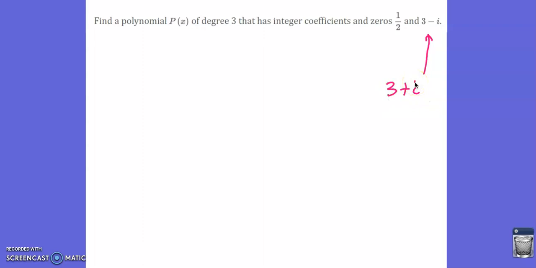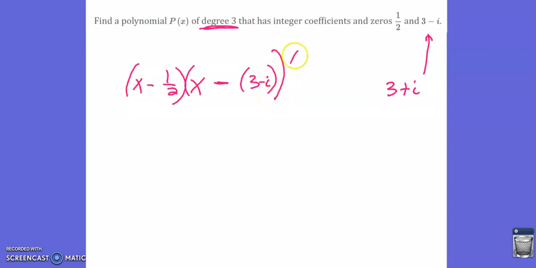So now I know 1/2 is a zero. There's 3 zeros. That's why it says degree 3. So x minus 1/2 is a factor. x minus (3 minus i) is a factor. And x minus (3 plus i) is a factor.